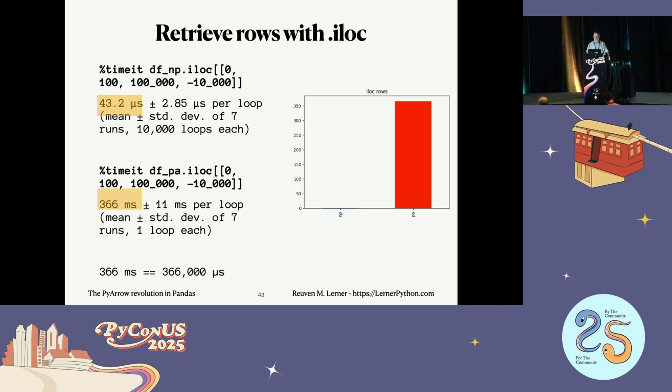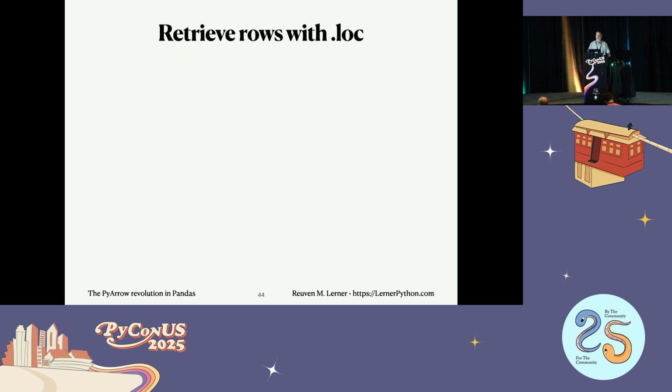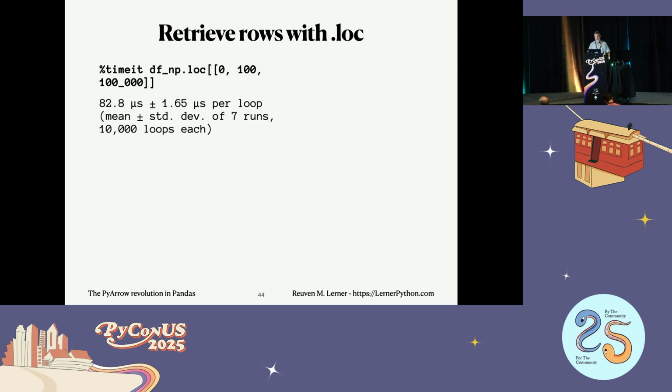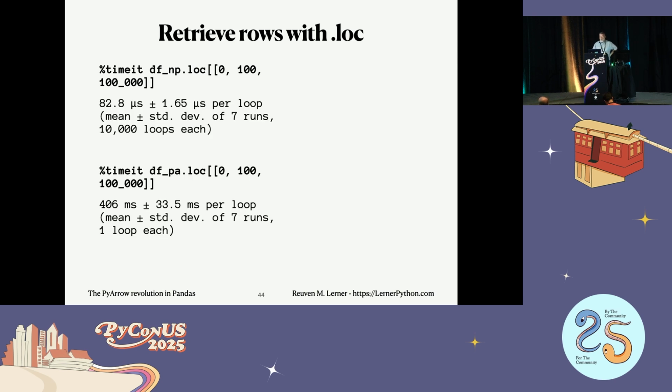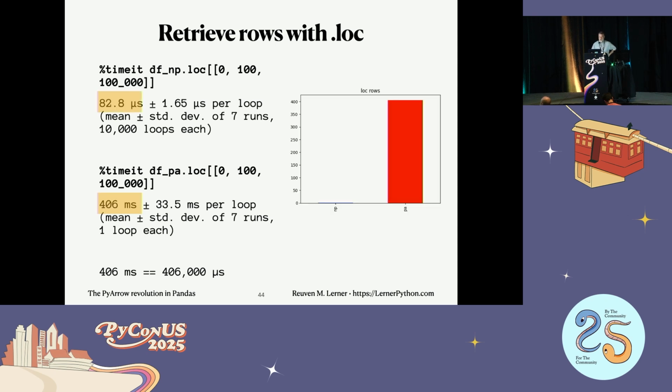Okay, well, what if I say, okay, I'm willing to deal with that, but I'm going to use .loc instead. I actually want to use the real index, and .loc is always slower than .iloc, or almost always slower. So we have 82 microseconds versus 406 milliseconds. Once again, we see this incredible distance. PyArrow is just taking far, far longer than the NumPy version.